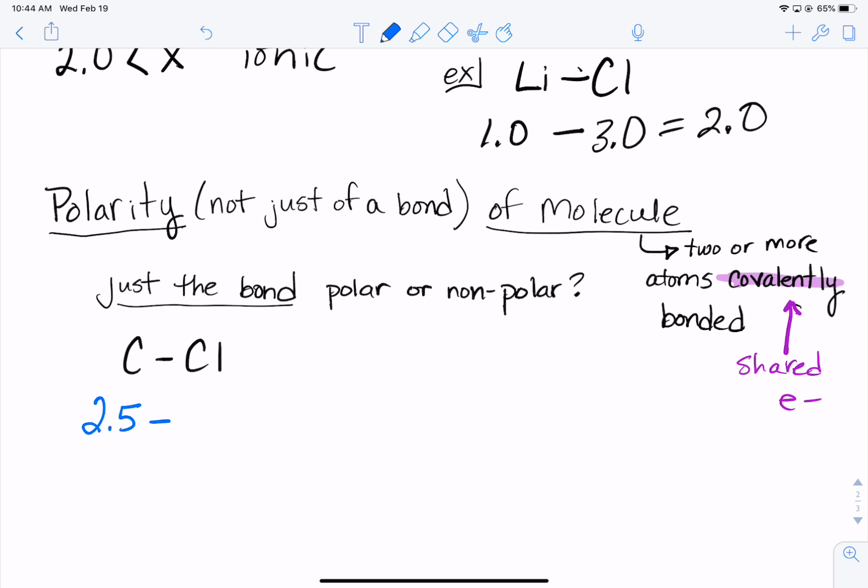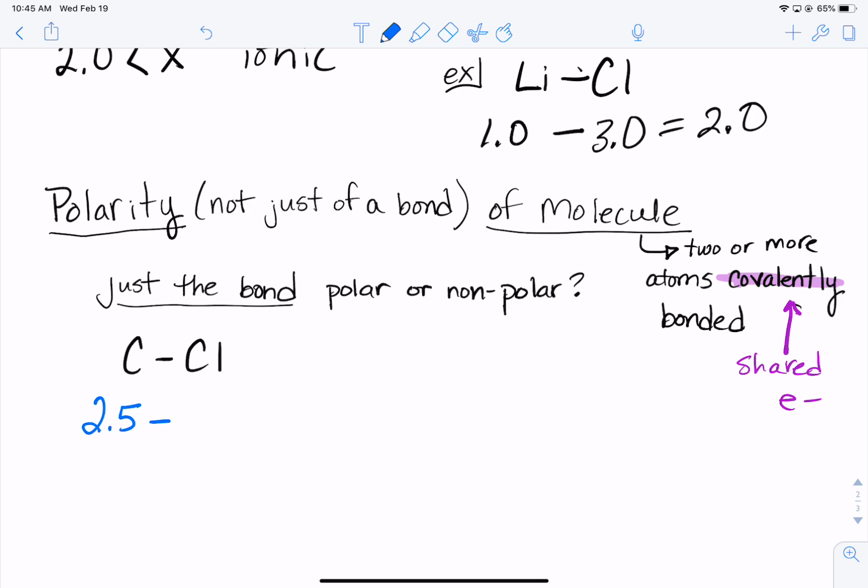On page 174, do you see chlorine? They've assigned it a number. It's different than the numbers we've known before. Is it something like 3 or 3.1? 3.0. So remember that number is its electronegativity.